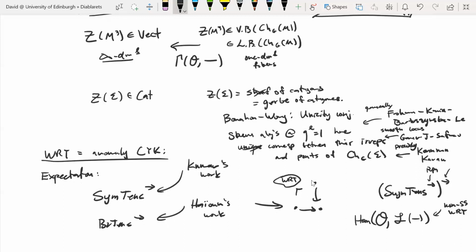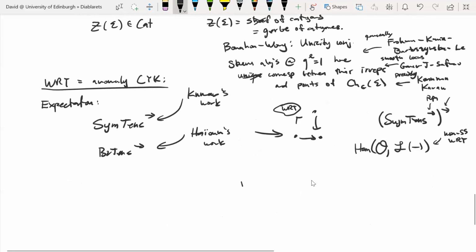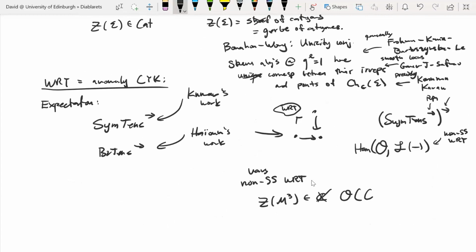And so the kind of data that we get then is non-semi-simple WRT, so varying non-semi-simple WRT. So instead of getting a number attached to a 3-manifold, like you would in ordinary WRT, what we're going to get instead is a function, polynomial function on the character variety of the 3-manifold.